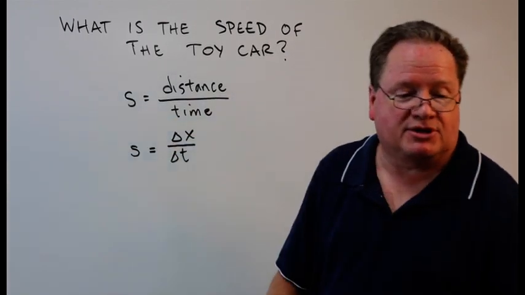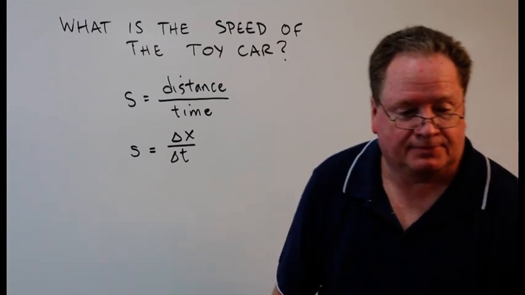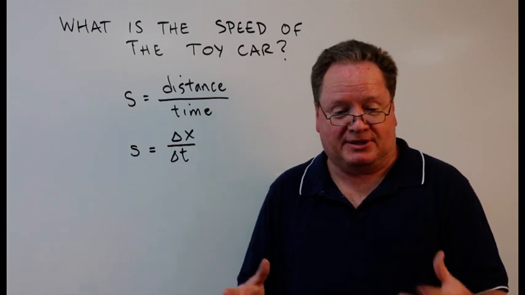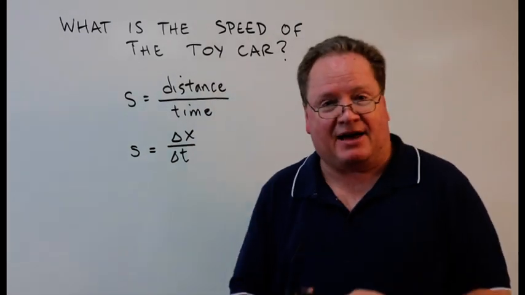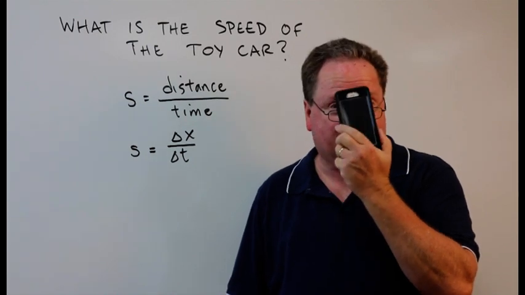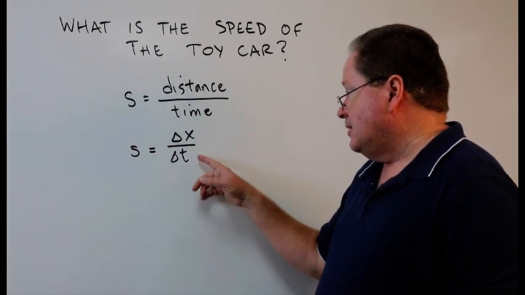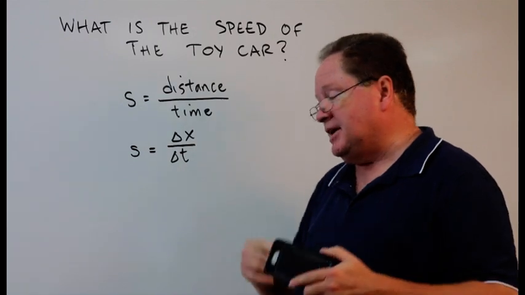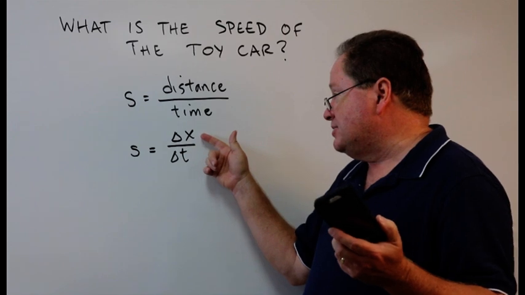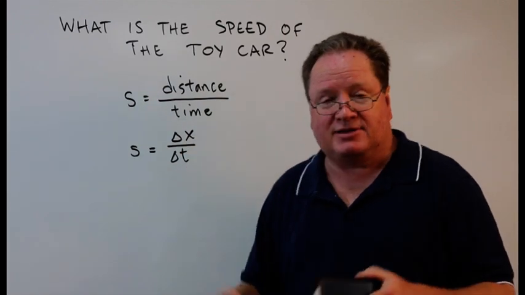How about time? What would you use to measure time? Well, if you have a stopwatch, you could use that, but all of us have essentially a stopwatch. It's in our cell phones. So you could use a cell phone to measure time, and you could use a meter stick or a measuring tape. Really anything you have that'll measure distance, we're going to get delta x with.